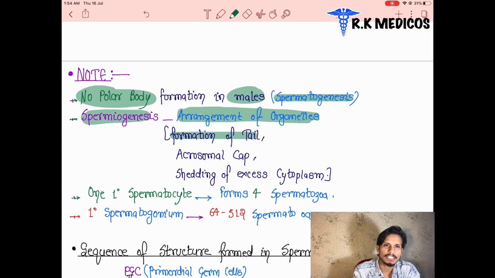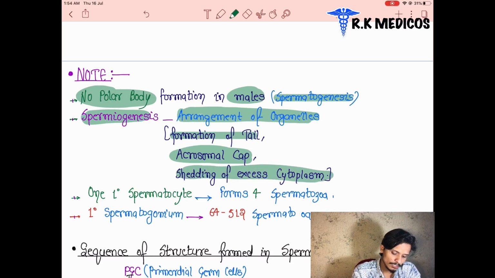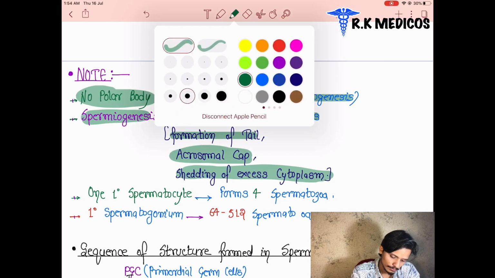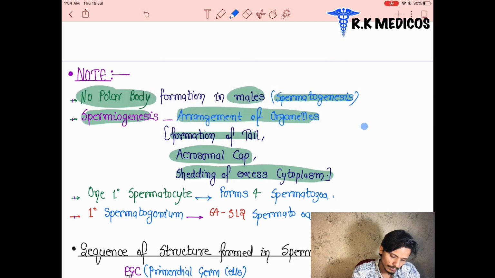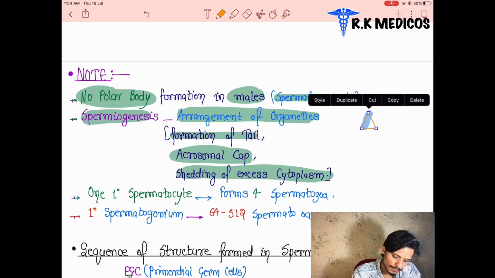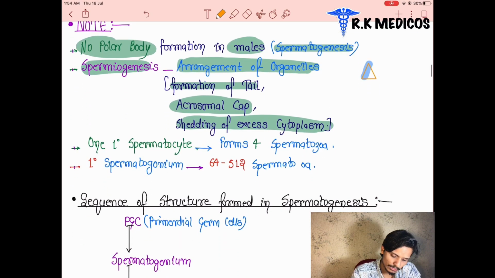When the cytoplasm is in excess inside the sperm, it gets shed or destroyed. We can see, suppose this is the sperm head. After that this is the middle piece, and suppose this is the tail of the sperm.